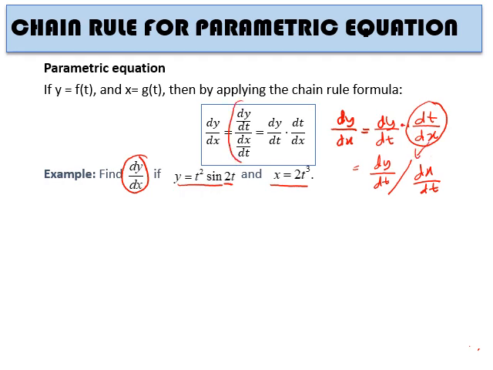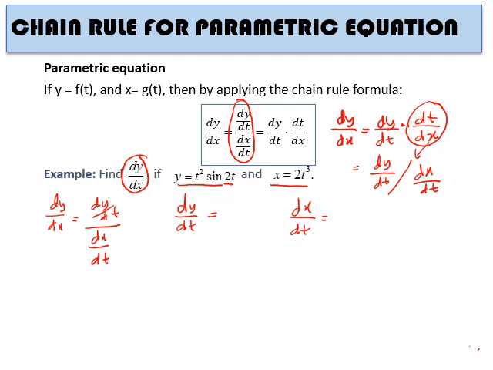So that's how the formula is. So if we have y in terms of t and x in terms of t, and we want to find dy/dx, the formula for dy/dx is equal to dy over dt divided by dx over dt. So we need to find dy over dt and dx over dt.